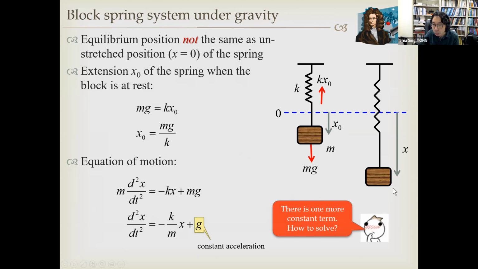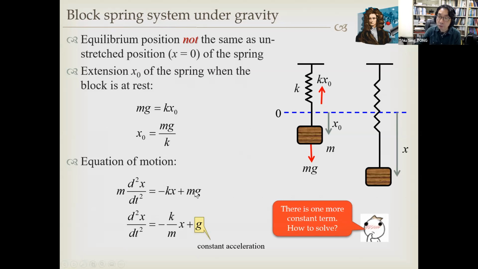Now, how about if I stretch it further? If I stretch the spring further, there would be a restoring force, right? The spring will try to pull my block back, and I can set up the equation of motion now. The first two terms of the equation of motion are the same as before: the mass multiplied by the acceleration is equal to the net force. The net force now consists of the force of the spring, which is minus kx, the same as before, but now I have a downward force of gravity.